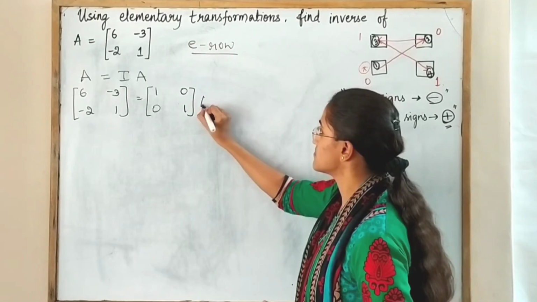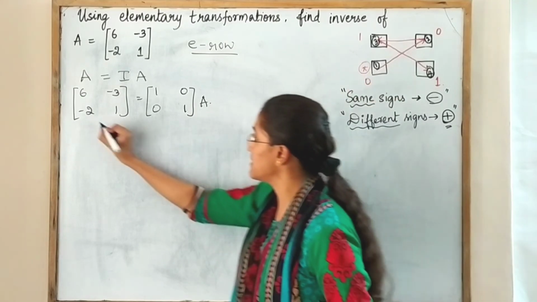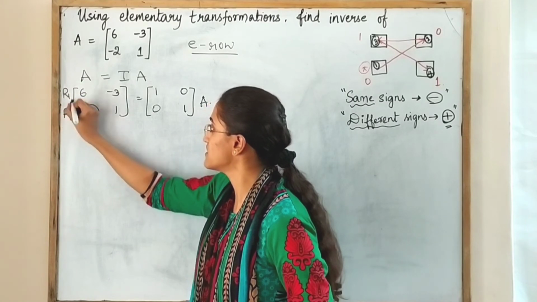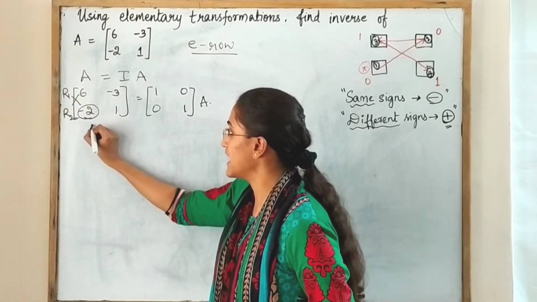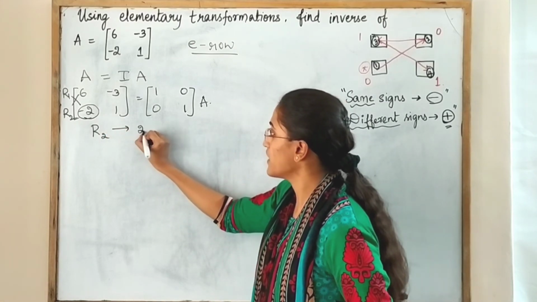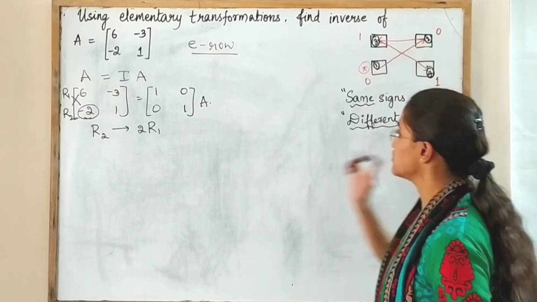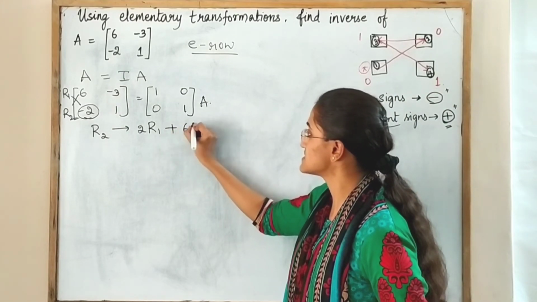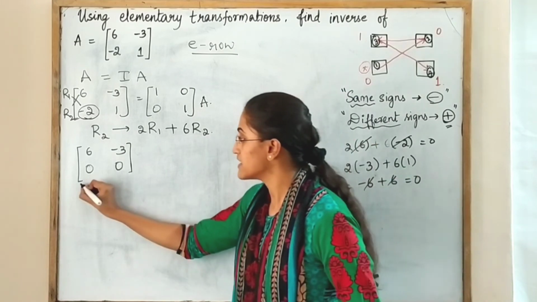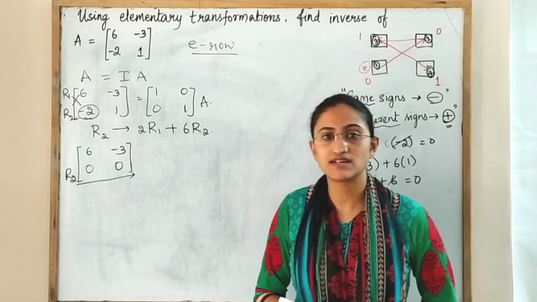As per the pattern, we start with this element, make this 0. I'll write R1, R2 here, multiply these two. I need to change R2 now. Now 2 into R1, since we are having different signs, we need to use plus 6 times R2. You can observe that the whole second row contains every element as 0.